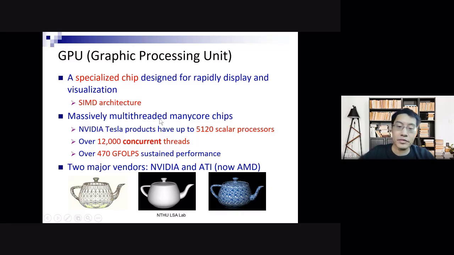Okay? And of course, in the past, the GPU market was dominated by two companies. One is NVIDIA, which is still very well known today. The other is ATI. You probably haven't heard of it before because it got bought by AMD. Okay, but still, we know the GPU market is right now pretty much dominated by those two vendors, and NVIDIA is the more dominant one right now.